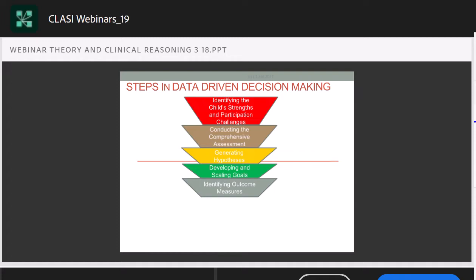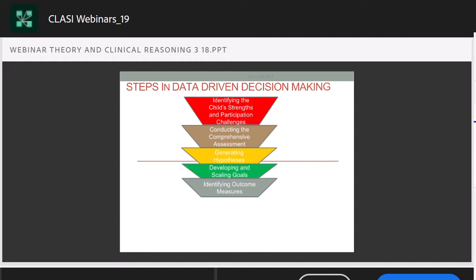What's nice about this is that it has refined our idea of a very systematic way of working and reasoning with our clients, starting with the person. It doesn't have to be a child, it can also be an adult. The strengths and participation challenges. We're conducting assessments so that we can know for sure if there's a sensory problem or if there's not something linked to sensation.